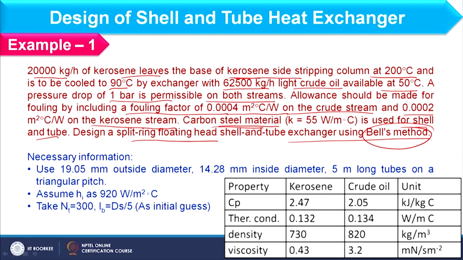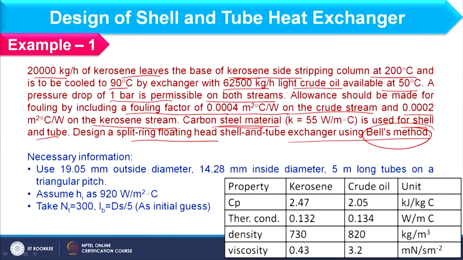Okay. Now if I ask you that you are given the fouling factor of 2 fluids, right. So which fluid should you allocate to the shell side and which to the tube side. Okay. The fluid having more fouling tendency should be allocated to the tube side, right.